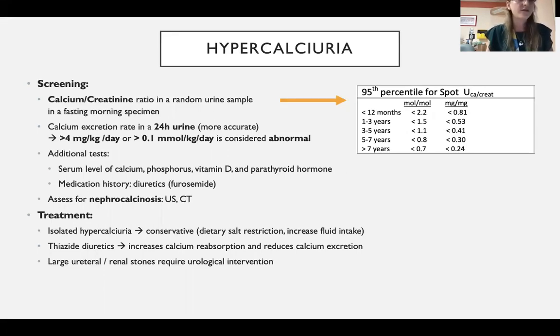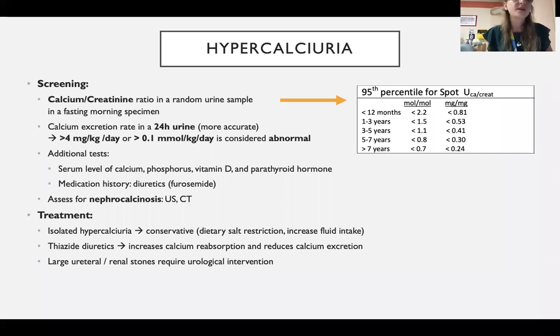A value above 4 milligrams per kilo per day or 0.1 millimoles per kilo per day, as I mentioned before, is considered abnormal. A renal ultrasound should also be performed to rule out nephrocalcinosis and the presence of stones, and other tests involved are serum calcium, phosphorus, vitamin D, and parathyroid hormone. An investigation of the patient's medical history should also be done in search of medications, for example furosemide, that can increase the excretion of calcium in urine.